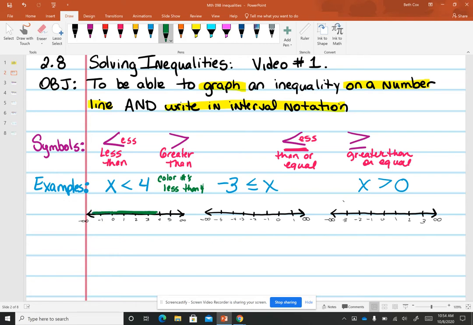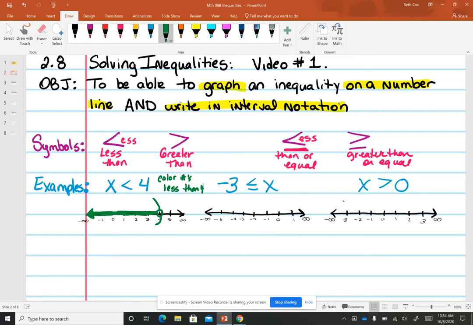When I get over here to my arrow, that left arrow is called negative infinity, and I am coloring it because it keeps going. I'm not coloring the 4 because it says less than 4. It doesn't say less than or equal to 4. So I'm not coloring the 4. We're going to put an open circle there or a parentheses. And that's x is less than 4.